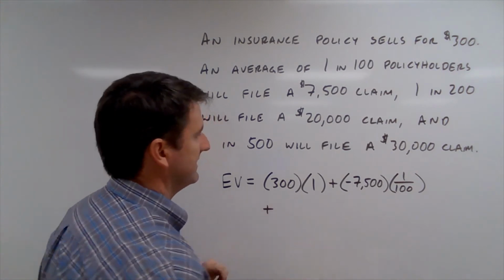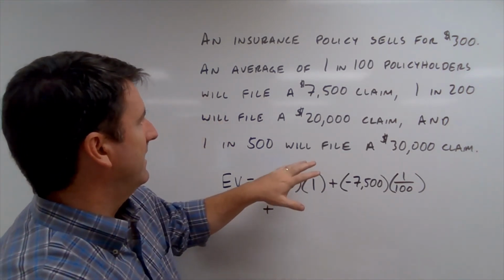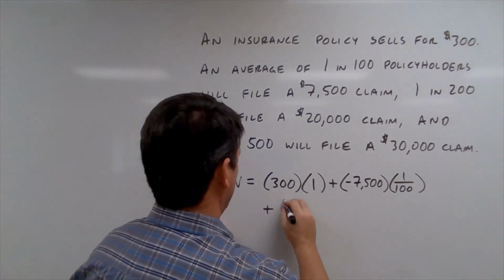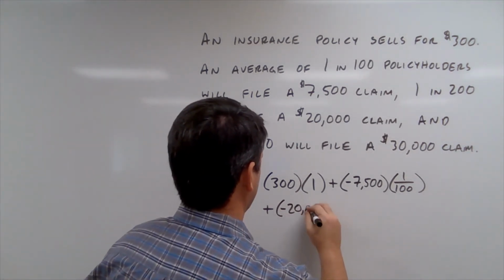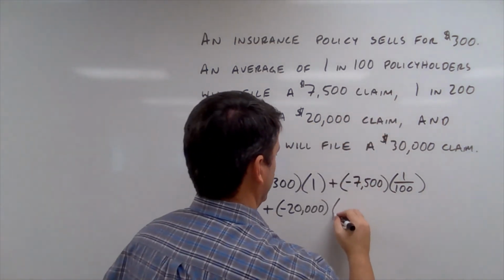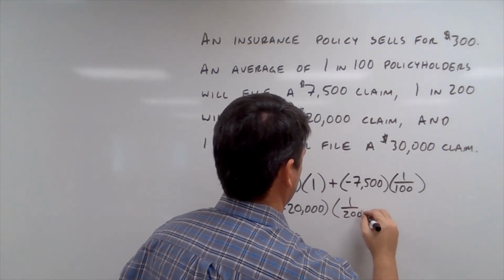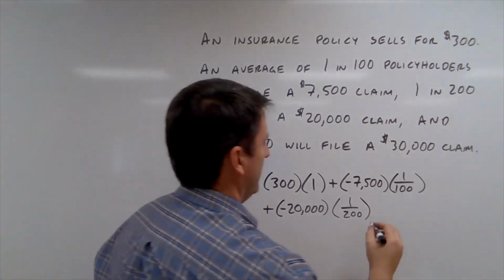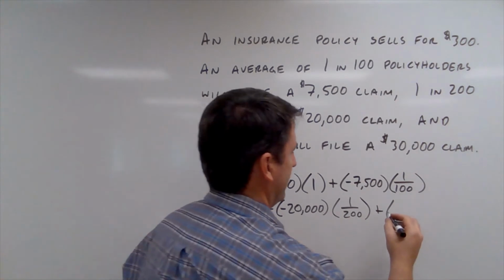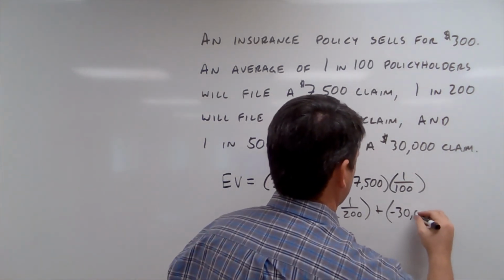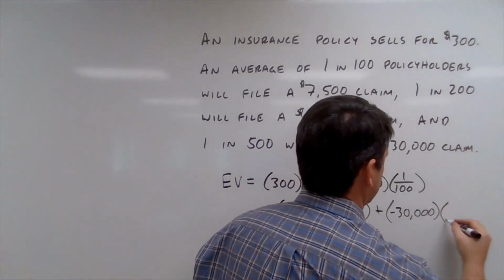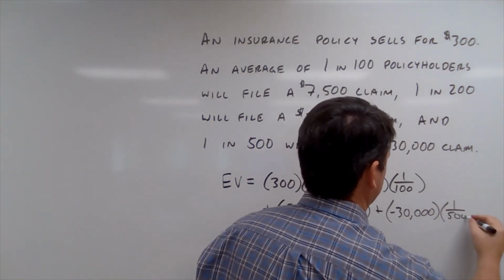Okay, plus the value to the insurance company of a $20,000 claim is negative $20,000. And the probability of that happening is 1 in 200. All right, plus the value to the insurance company of a $30,000 claim is negative $30,000. And the probability of that happening is 1 in 500.